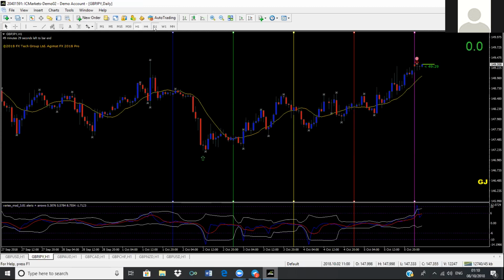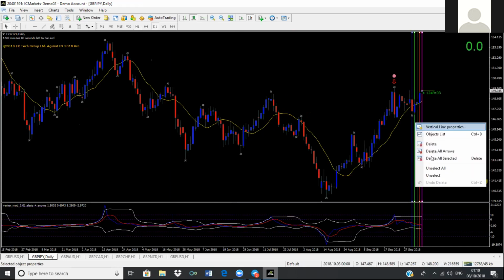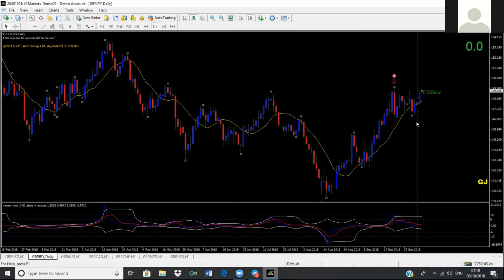So what I do, I'll go on the daily. Just wait for it to pop up. Okay, we have the daily chart. You first will need to get your vertical line and place it on the last candle.